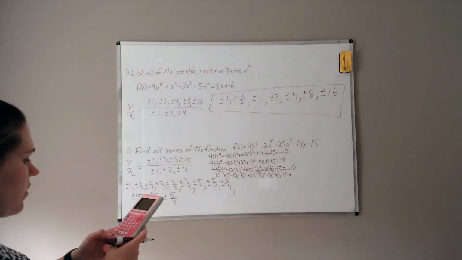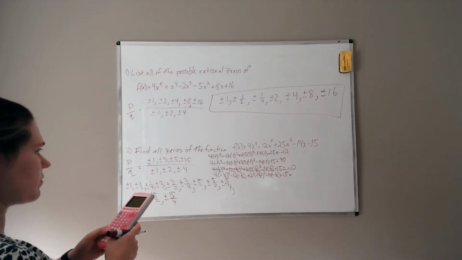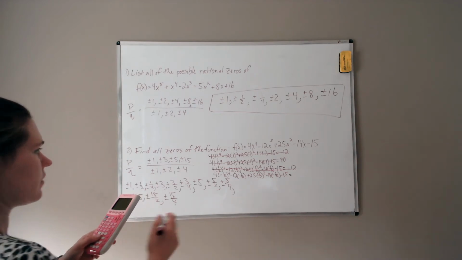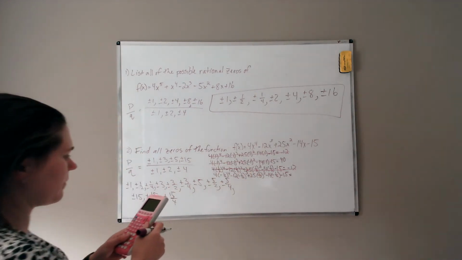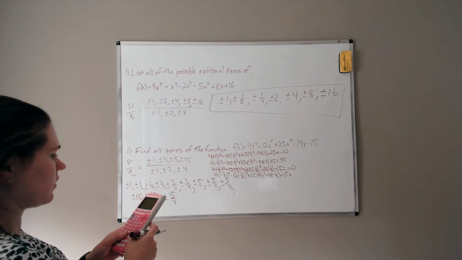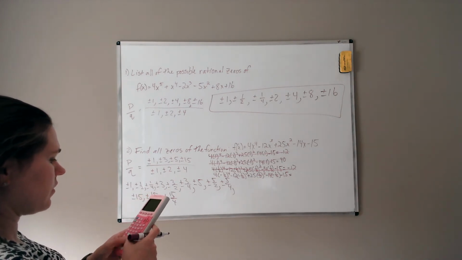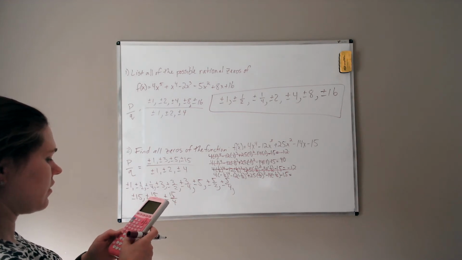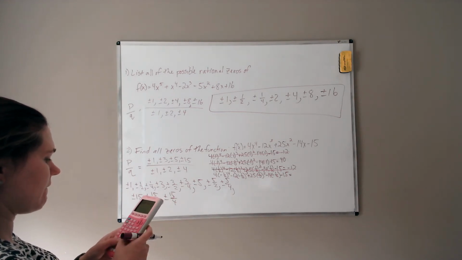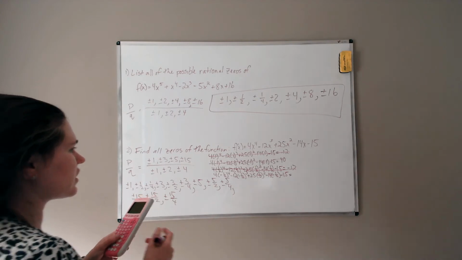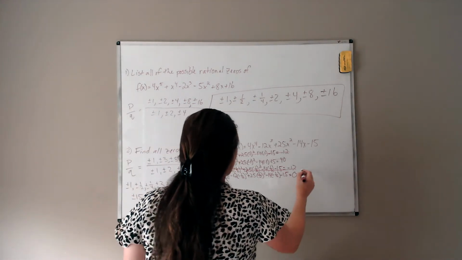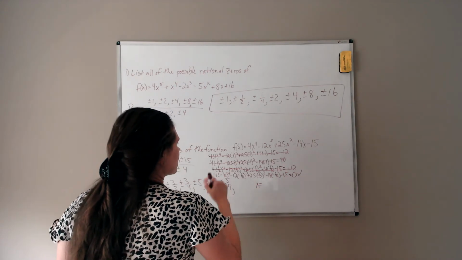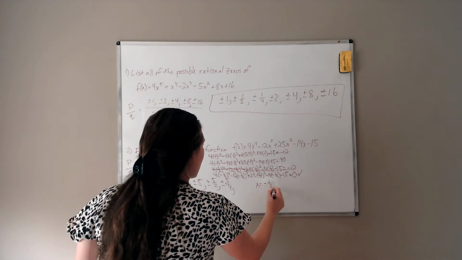Okay, so now let's go through and check. Whoops, I read to the third there. And this gives us 0. So finally, we found a root. One of the values of x that make this output 0 is negative 1/2.